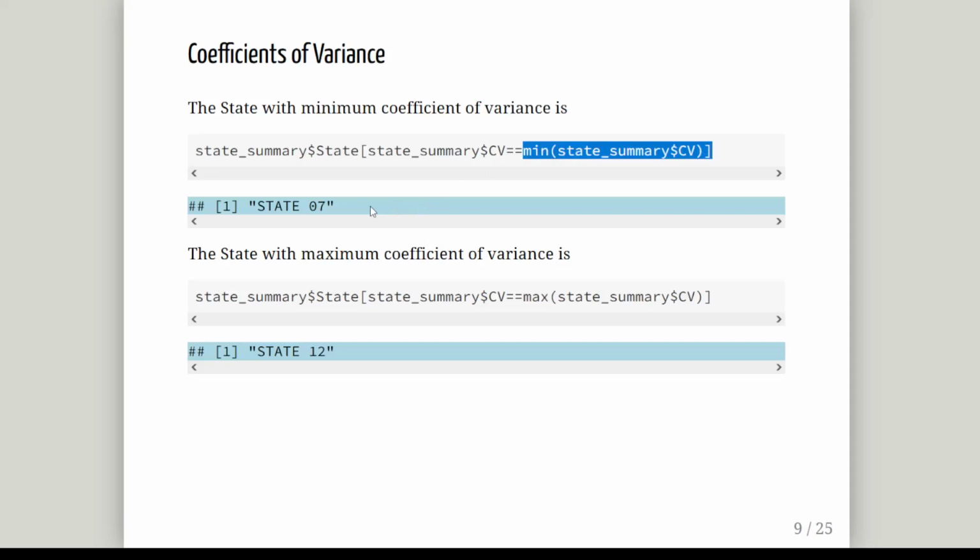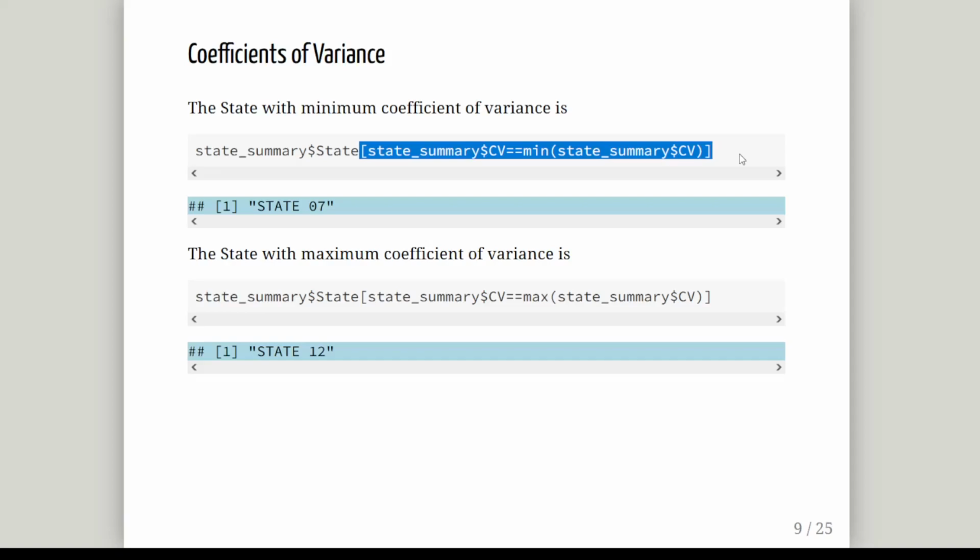So that's something to think about. But anyway, in this instance, it just happens to be that state 7 has the lowest value for the coefficient of variance. Okay, so just to be clear, this sets up a logical check to see which of them are equal to the minimum. Okay, and it could be more than one, but in this case it's just state 7.